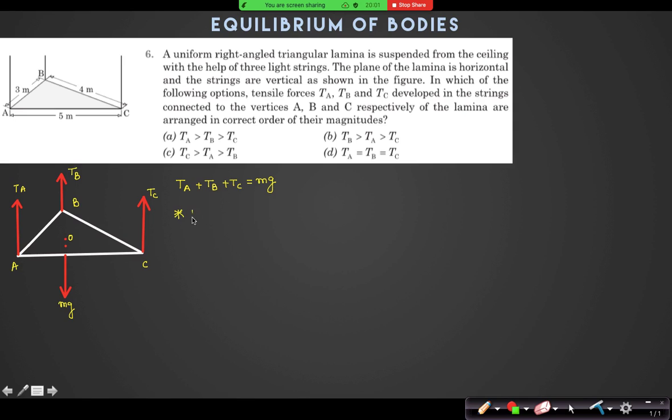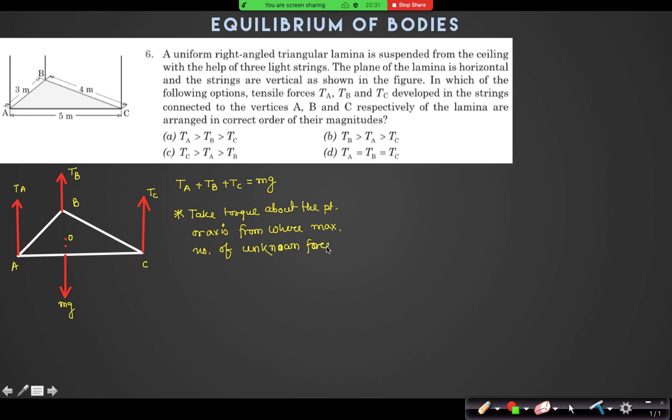remember that take torque about the point or axis from where the maximum number of unknown forces pass.